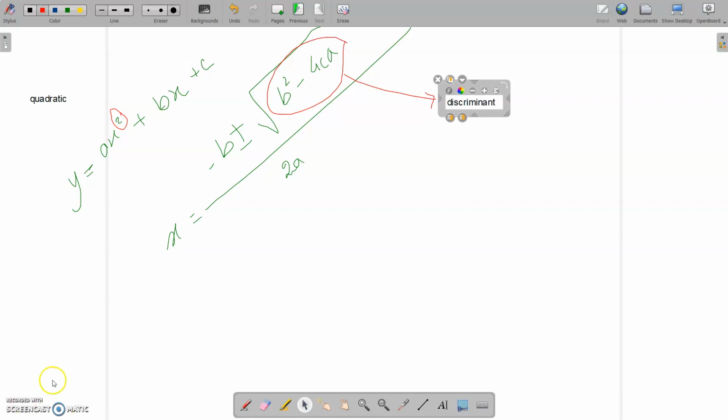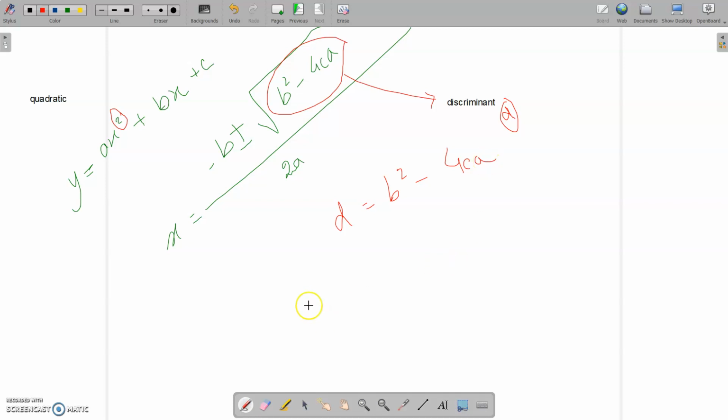So what is its significance? Let's name it d for now. So d = b² - 4ac. This discriminant will decide what kind of roots there are going to be.